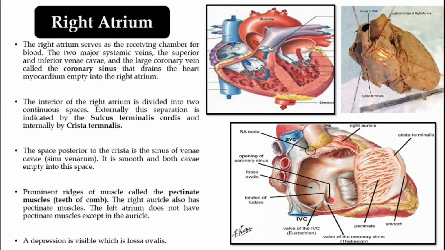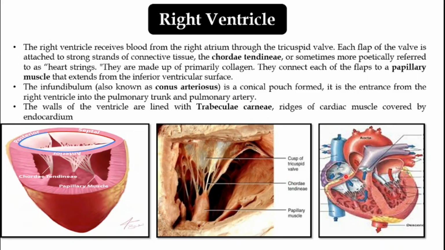We have the opening of the coronary sinus, and we also have the opening of the inferior vena cava and the superior vena cava, and the area which is known as the sinus of the vena cava or the sinus venarum. And this is the area at which your SA node is present, at the junction of the superior vena cava and the right atrium. Now let's talk about the right ventricle.